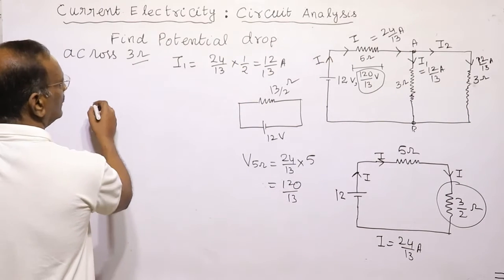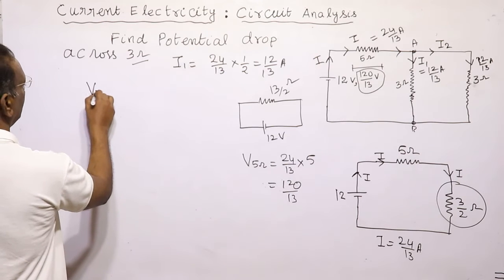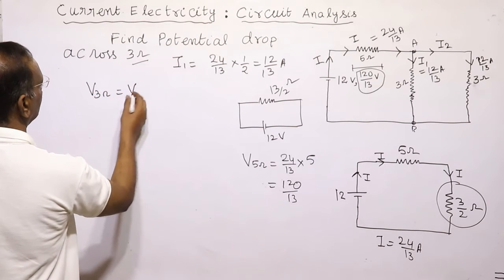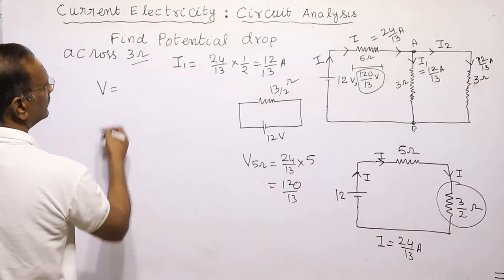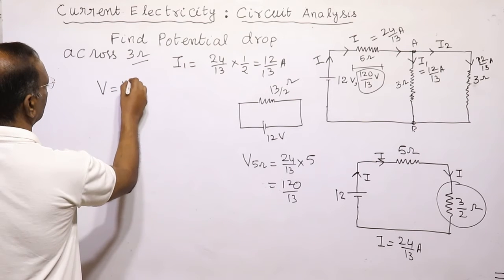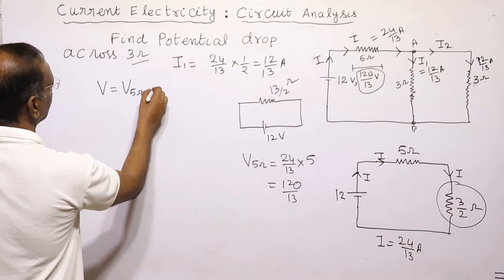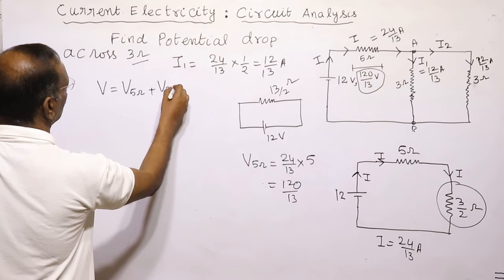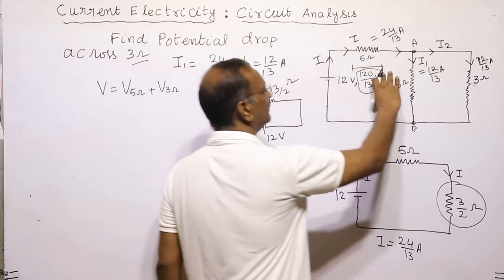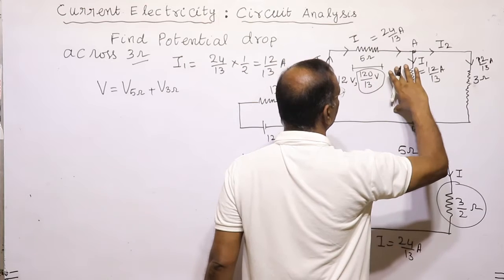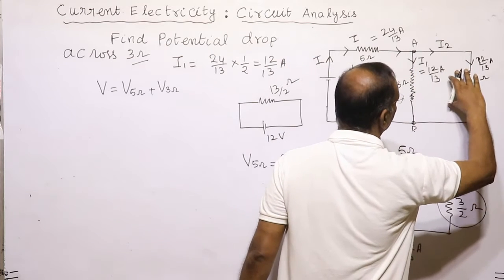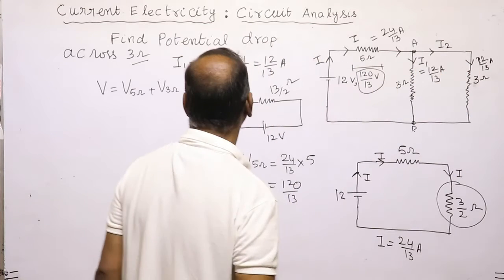So applied voltage is equal to voltage across 5 ohm plus voltage across 3 ohm, either this 3 ohm or this 3 ohm.